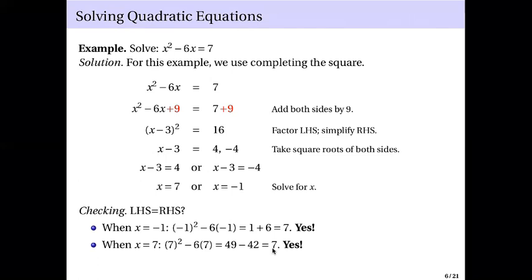Now, some students will do this. Oh, I have x squared minus 6x on the left-hand side. I can factor out x so that I will have x times x minus 6 equals 7.